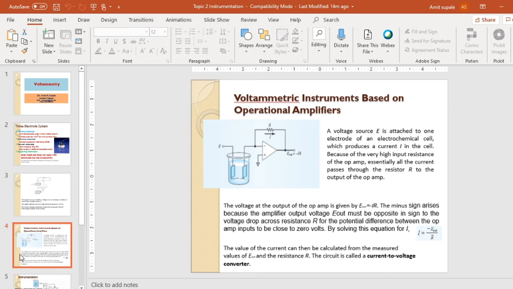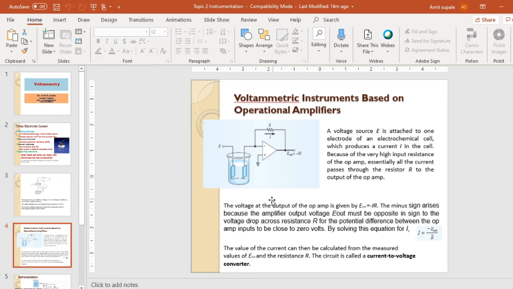Here, any voltage source E is attached to one of the electrodes of the electrochemical cell. This produces a current I in the cell, but the amplifier input is maintained at very high electrical resistance, so no current flows through the amplifier; it flows through the resistance R, and the output E out is measured. The voltage at the output of the operational amplifier is E out equals minus IR.